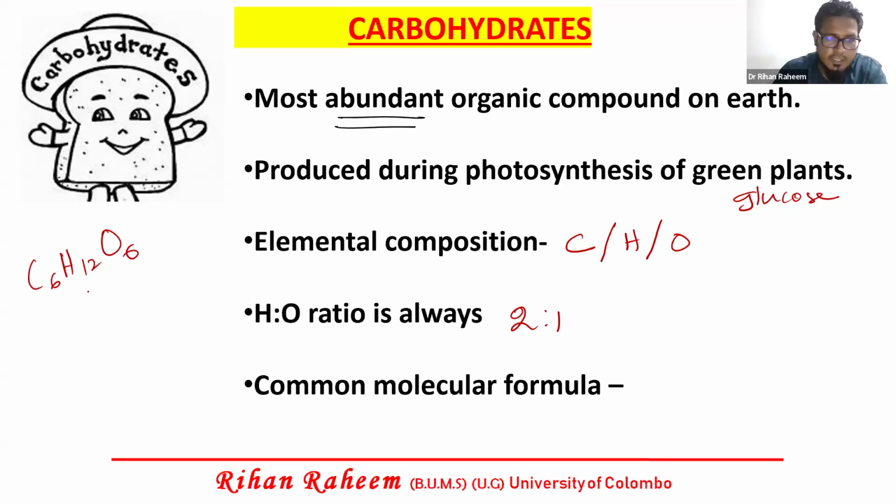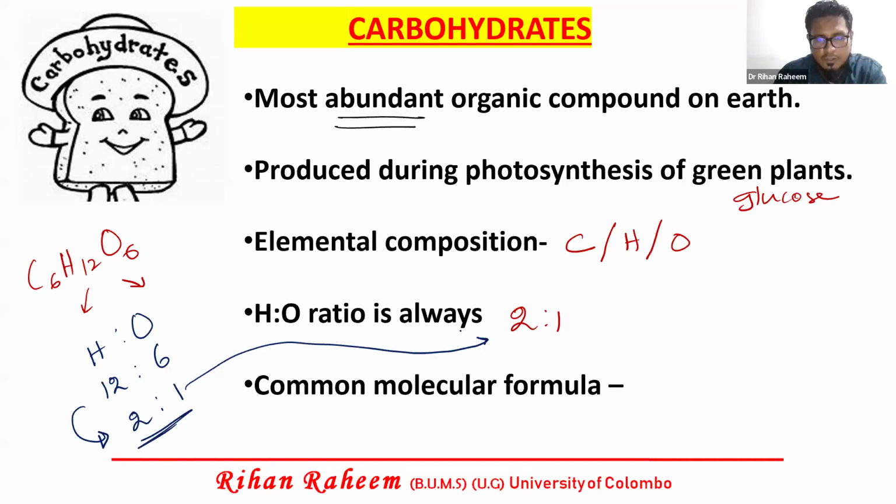Shall we take the glucose example and see? Look at this clearly. Hydrogen in glucose, oxygen in glucose. There are 12 hydrogens and 6 oxygens. Shall we take the simplest ratio according to maths? 12 and 6. Divide both by 6. 2:1. Can you see this ratio 2:1? So always hydrogen to oxygen ratio is 2:1.